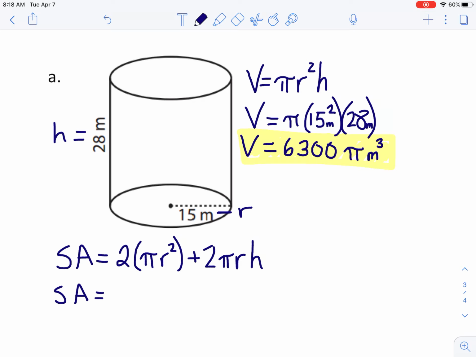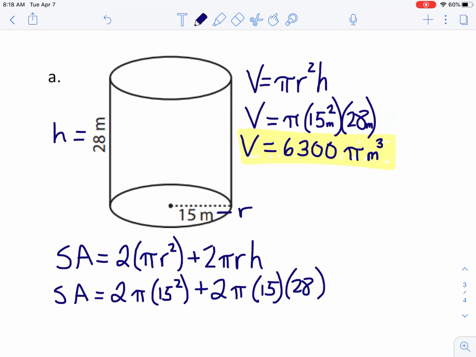Once again, you can leave it in terms of pi. So I have 2 pi 15 squared plus 2 pi 15 times 28.